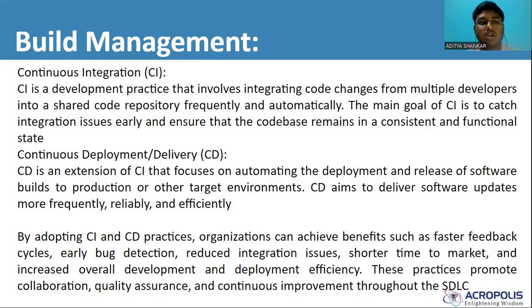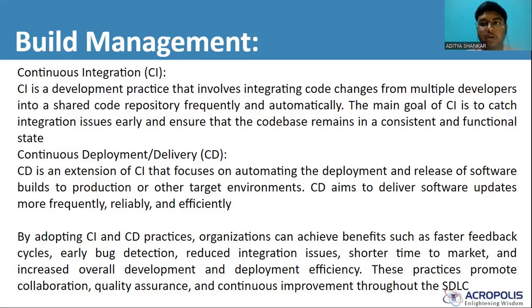What is continuous deployment or delivery? It is an extension of continuous integration that focuses on automating the deployment and release of software builds. So when they are integrated, they are ready to deploy. That comes under continuous deployment or delivery (CD). It aims to deliver software updates more frequently, reliably, and efficiently.